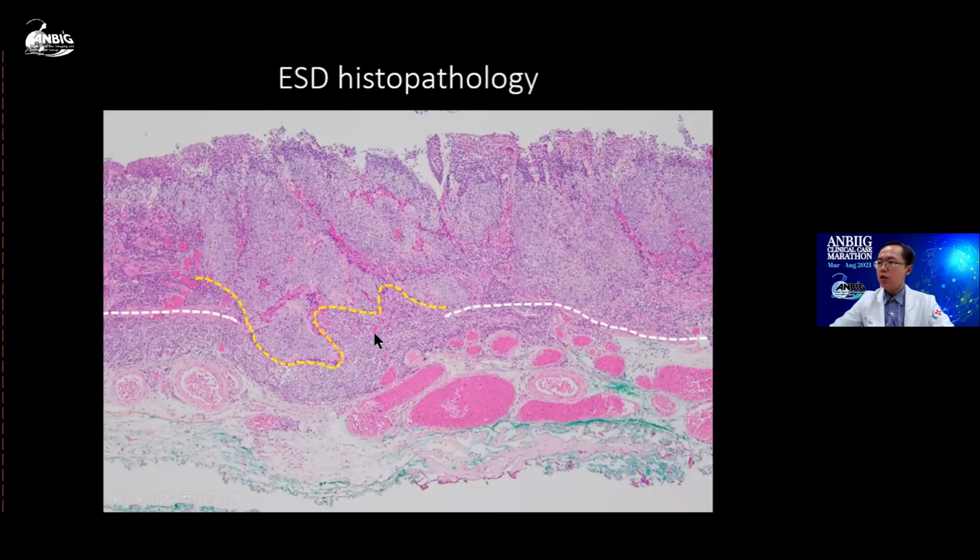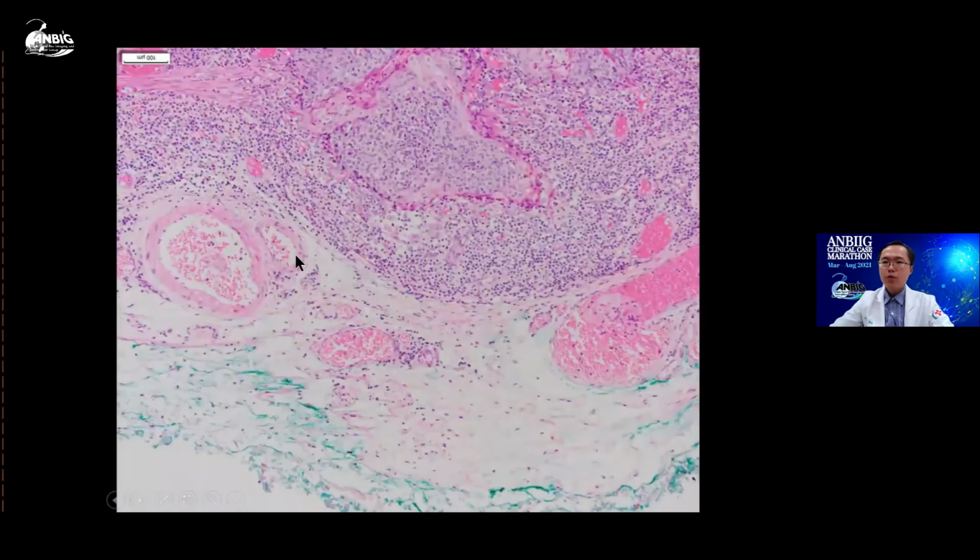However, there is a small focus of submucosal invasion. Under magnified view, we can see the malignant cells break through the muscularis mucosae layer, and the submucosal invasion depth was around 200 micrometers.